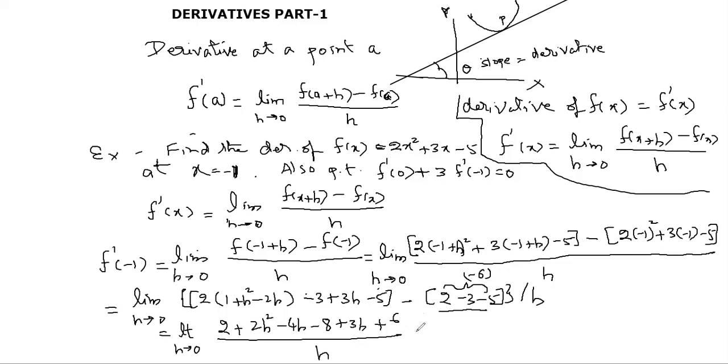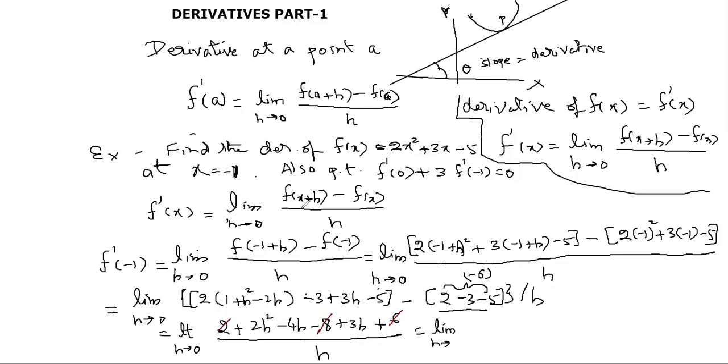Now always this denominator h, the h which is in denominator, it must be cancelled, otherwise if you put the value 0 it will become infinity. So now you can see that this 6 plus 2, 8 minus 8 cancelled.